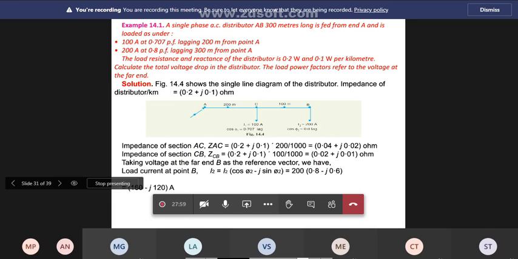Look at the problem, a very, very important problem. This problem is related to the first one, power factor referred to receiving end voltage, right?